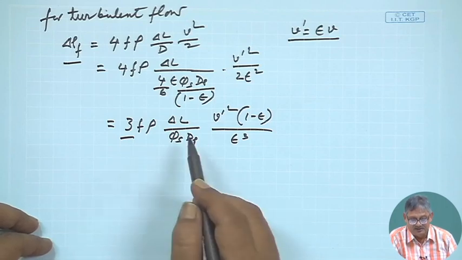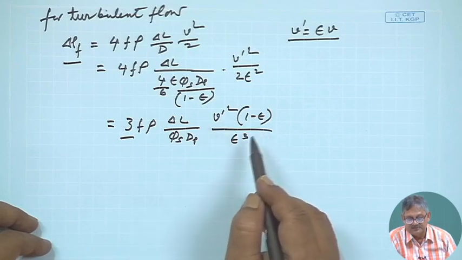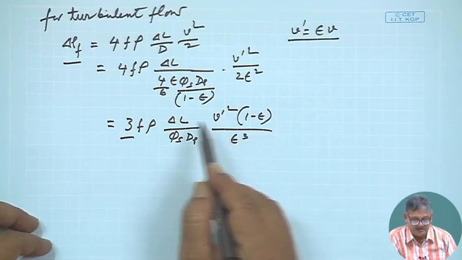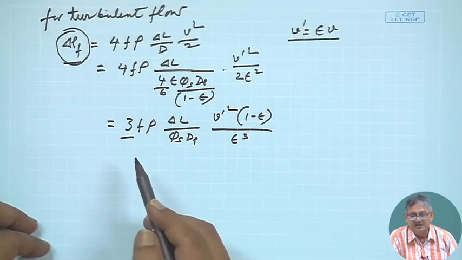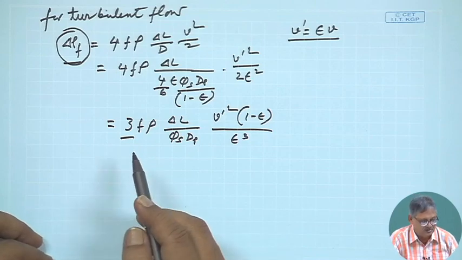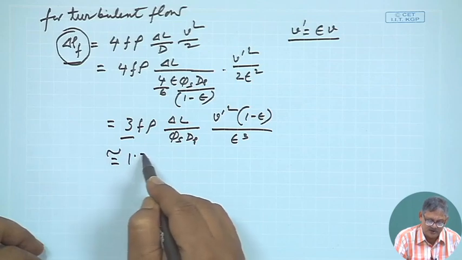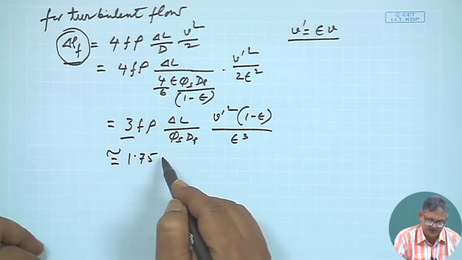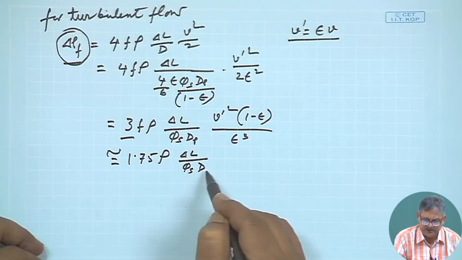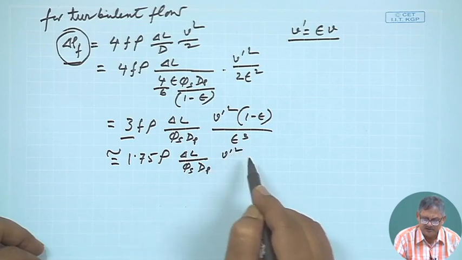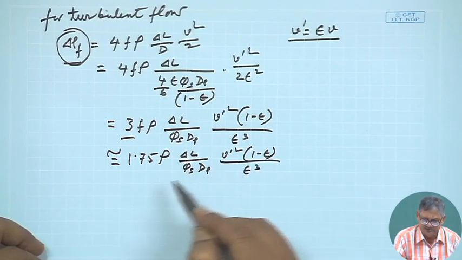Now, that delta p f is equal to this 3 f rho delta L by phi s dp times v prime square times 1 minus epsilon by epsilon cube. It has been seen that the prediction of delta p with this relation is not so close. So, it was changed to roughly 1.75 rho delta L by phi s dp v prime square into 1 minus epsilon divided by epsilon cube, right.